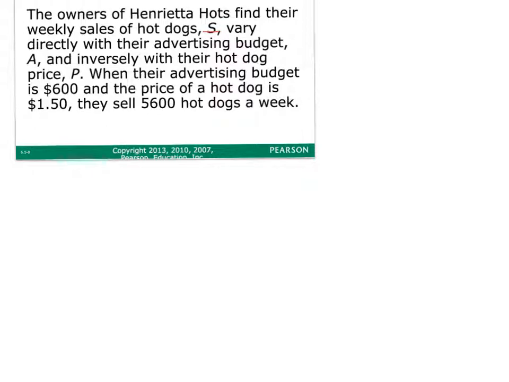S varies directly with A, so that would be K times A, and inversely with P, so divided by P. Okay, so the sales varies directly with advertising and inversely with price. So basically, the more they advertise, the more they're going to sell. The higher the price, the less they're going to sell.